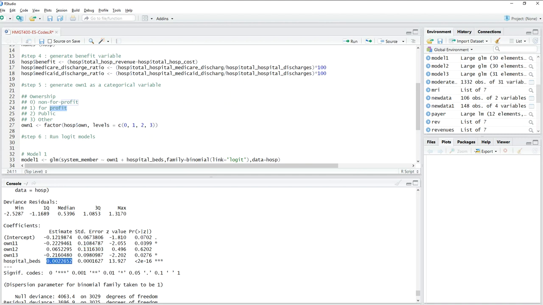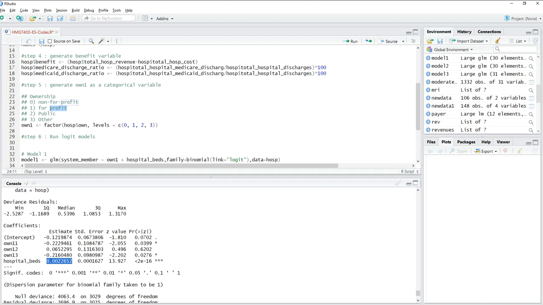The hospital bed does mean that a hospital with more beds is more likely to be a system member, more likely to be a bigger hospital, or to have a higher number of beds.